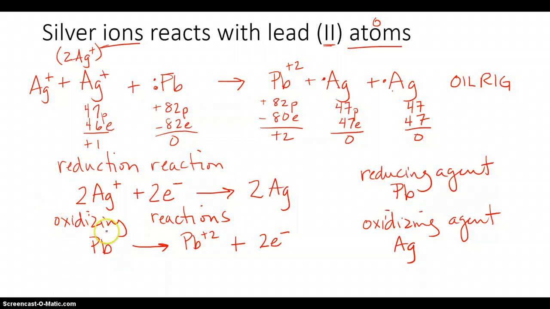This is the one that, in terms of oxidizing agents, received those electrons from the lead, which gave them away. And that ends your tutorial on redox reactions.